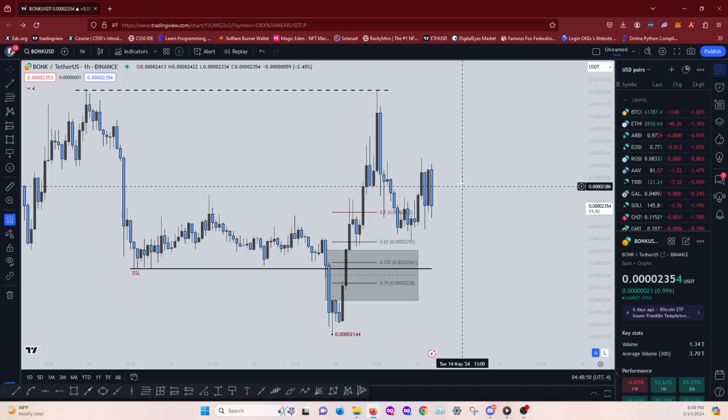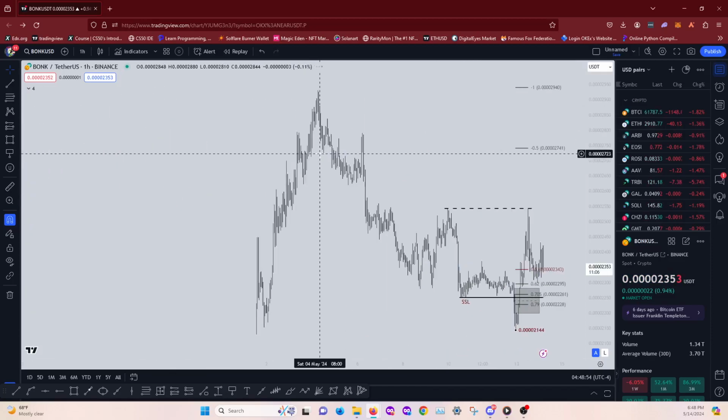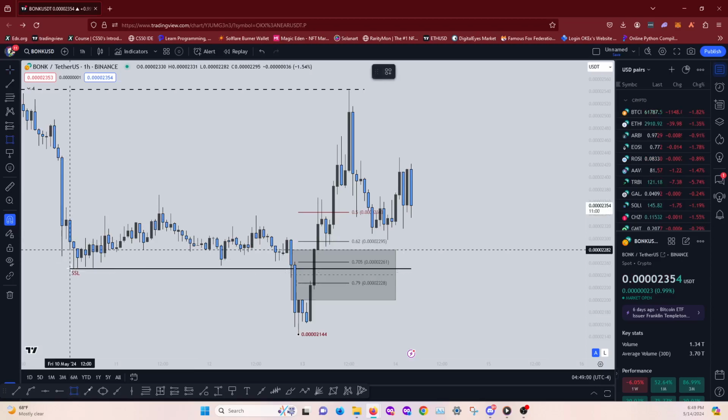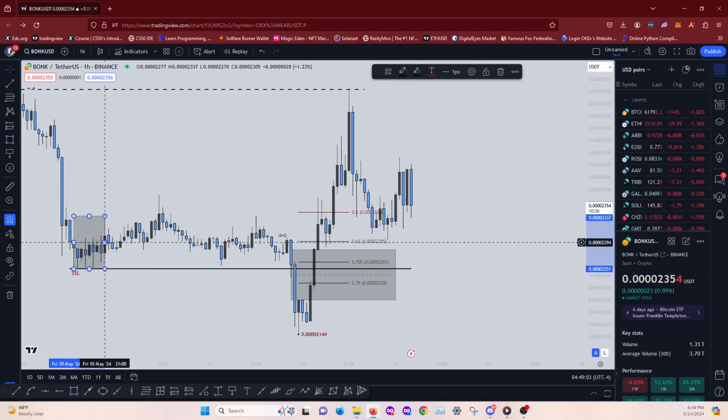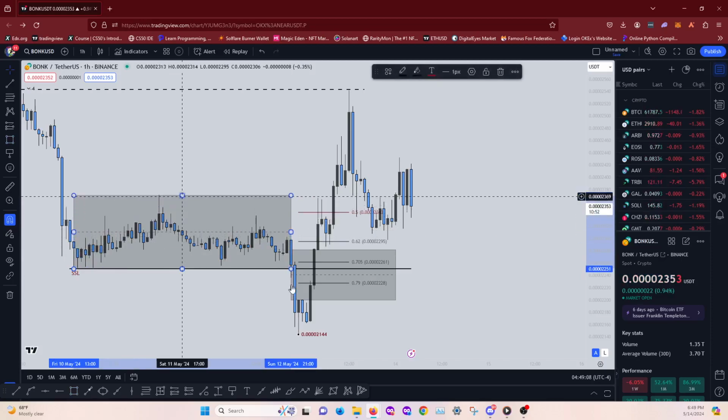Those equal highs, that's where liquidity is most likely resting now. So we've swept sell side. This is what I've been talking about this entire stream. Consolidation, sell side sweep, trend, consolidation.